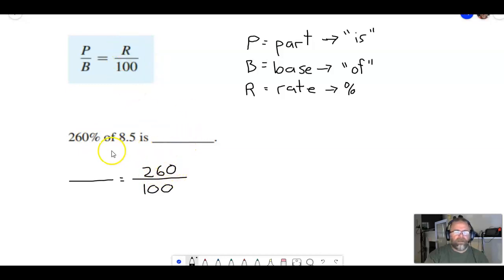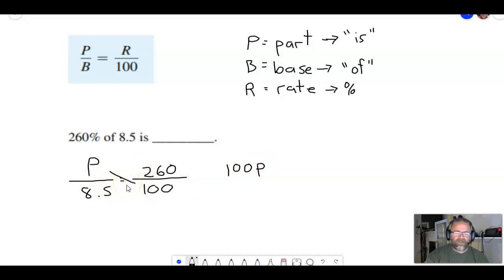And then it says of 8.5, and we know that of corresponds to the base, so we're going to replace the base with 8.5. And finally is, we have a blank, so that's going to be our unknown variable. So cross multiply and divide, we're going to have 100 times P. That's this one. Now remember, last time I did this diagonal first.